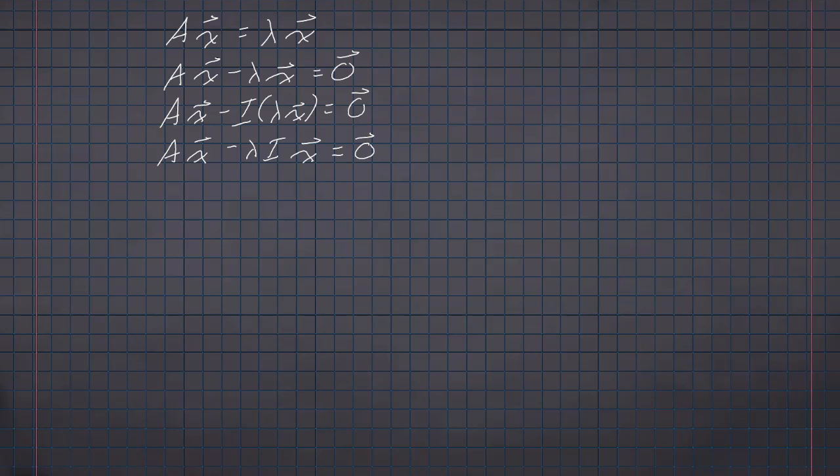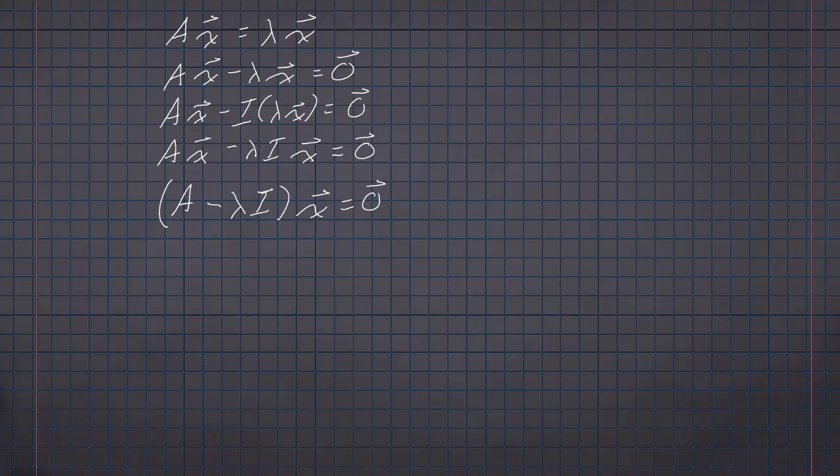And finally, the distributive property of matrix multiplication tells me that I can factor the x out of this mess that I now have on the left-hand side. And I get this equation. And this is where we can start to use some of the properties that we've developed throughout the course.